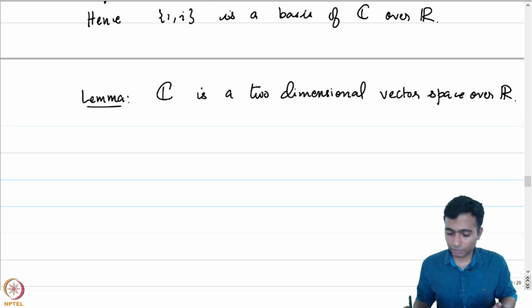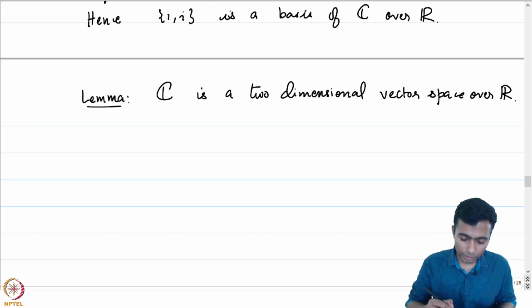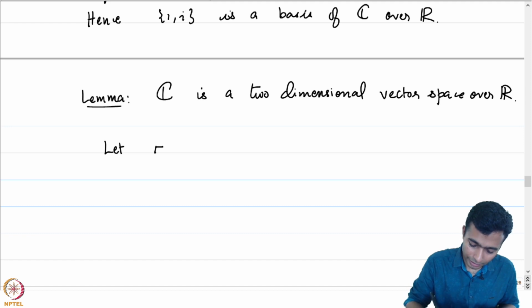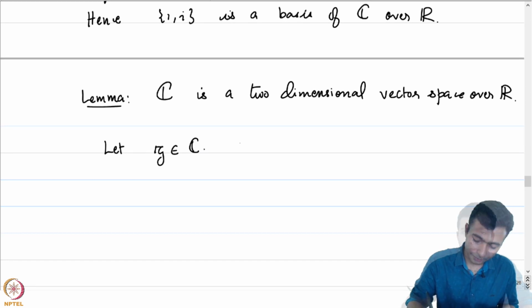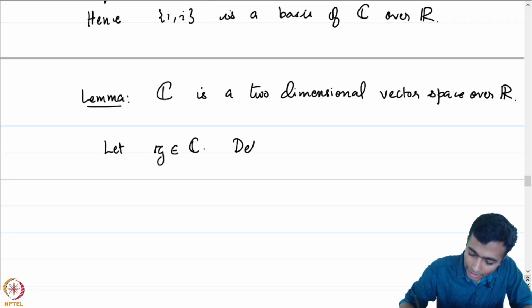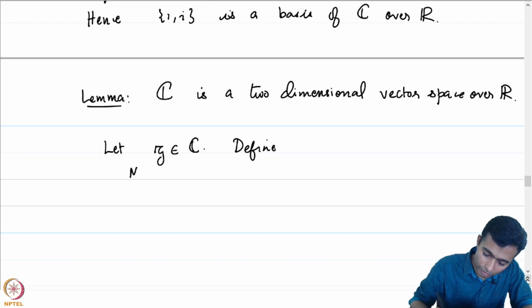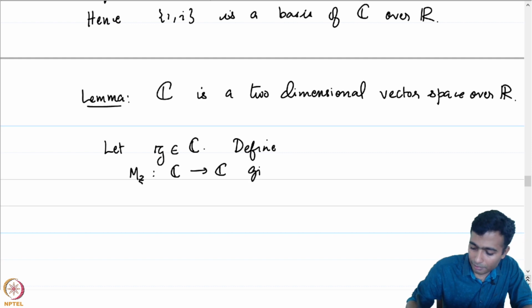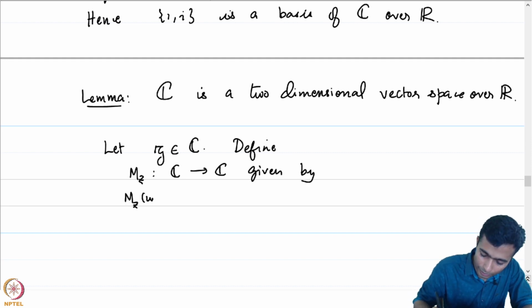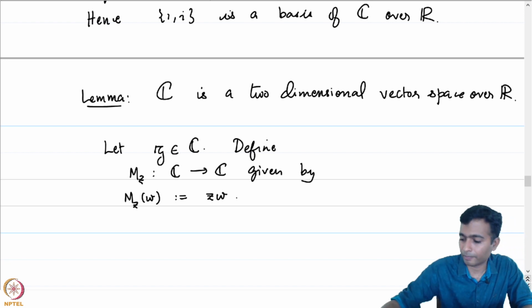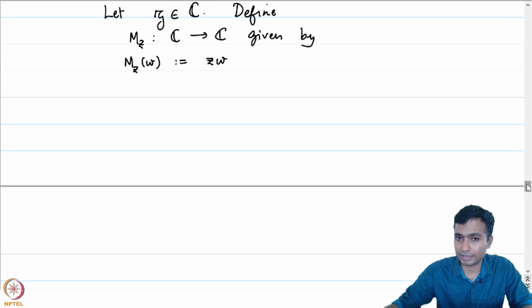We have still not proved that C is a field. So in order to do that, let's take an arbitrary element Z in C. Define M_Z, the map from C to itself, given by M_Z of W is defined to be Z times W. We have already checked that C is an integral domain.